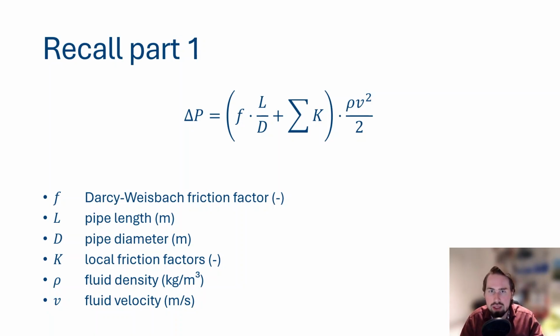These are all the bends, all the T-junctions, etc. And everything within the brackets is multiplied by a factor taking into account the density of the fluid and the velocity squared. This has to do with the kinetic energy, if you want.